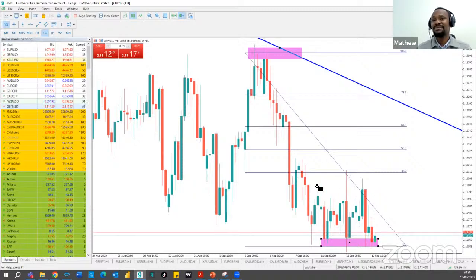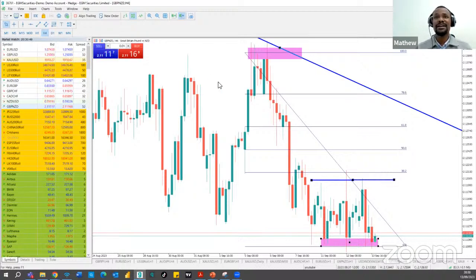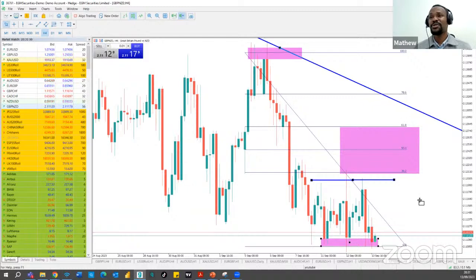So if it advances back to this level, if this resistance level here or this range which you have here is broken, then we might be considering that one as a pullback to around these levels of what is it? 38.2, 50, 61.8, and then a continuation to the downside along this downtrend which is happening, right? That's a possibility. So you can confirm that trade to the end.